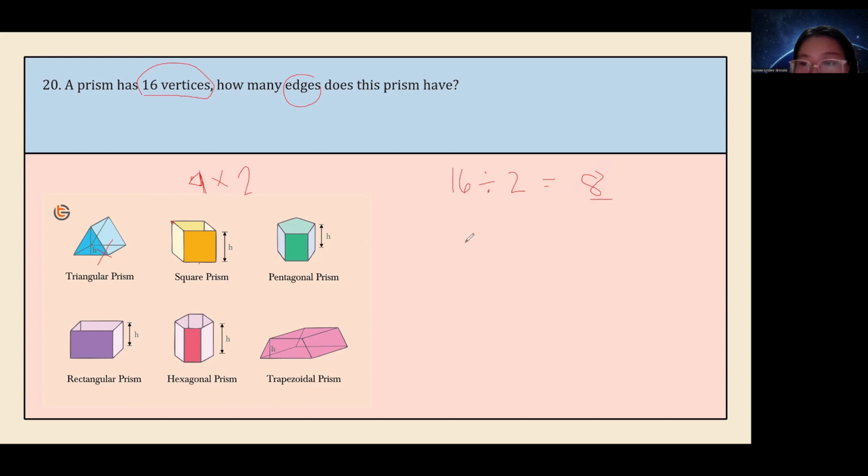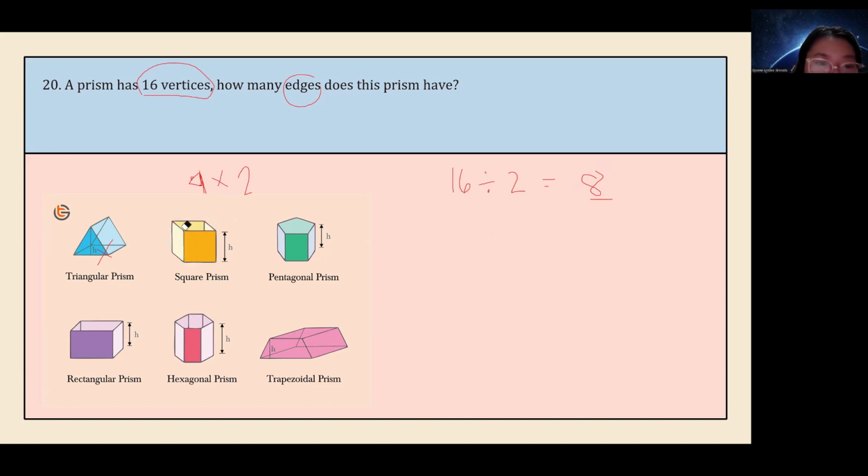And then if we could imagine now, for our edges, diba? Here. Each side of the base will have one face, and one edge is shared also with the other face.